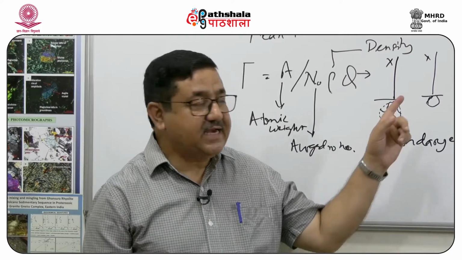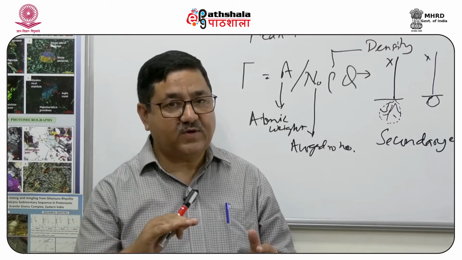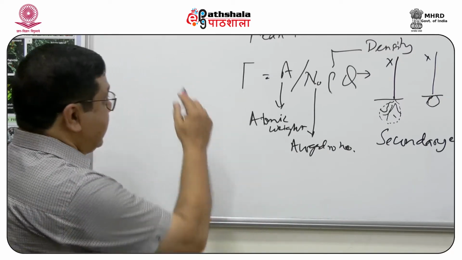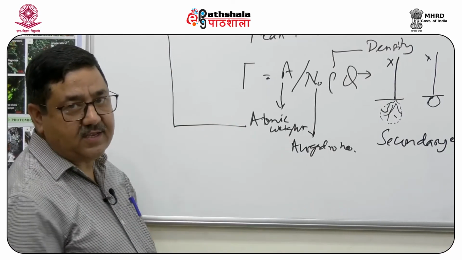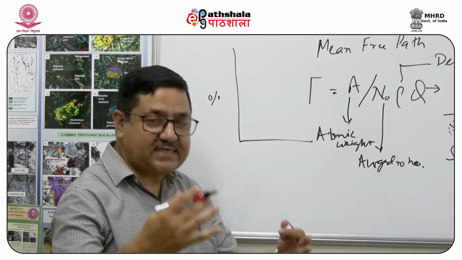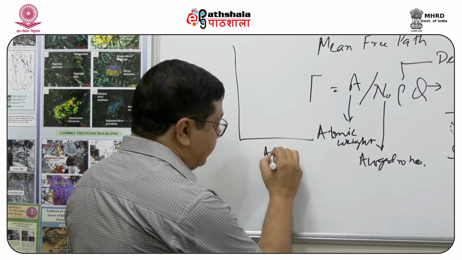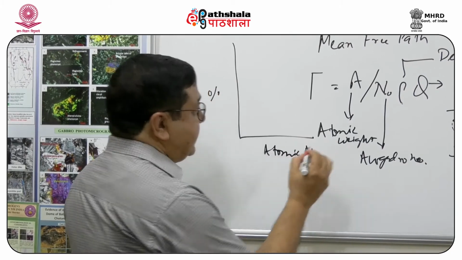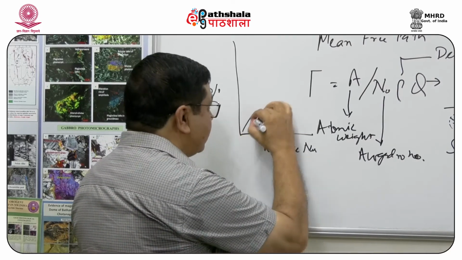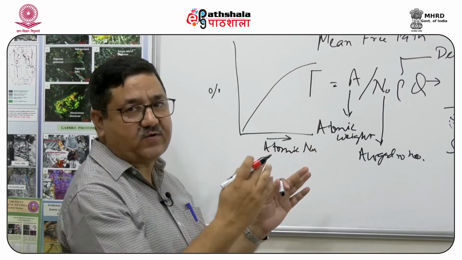However, these secondary electrons are not strongly a function of the atomic number of the material. So, therefore, they do not distinguish. If we were to plot a diagram where this represents the fraction of backscatter and secondary electrons, and this represents the atomic number, increasing in this direction, then the backscatter electron production will be like this, that is, with higher atomic number more backscatter electrons.